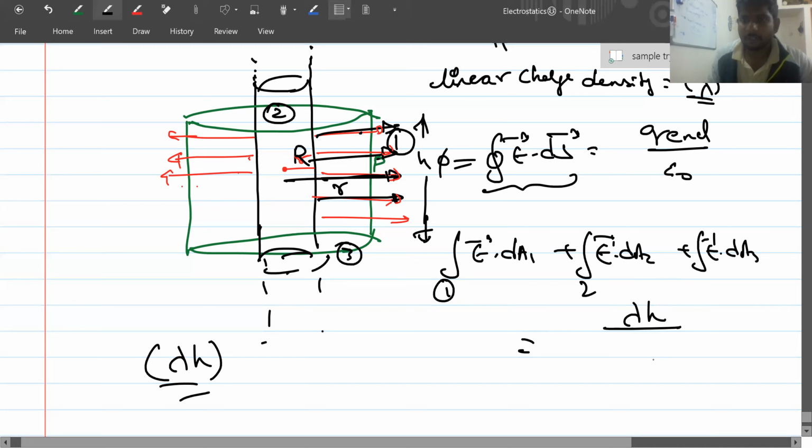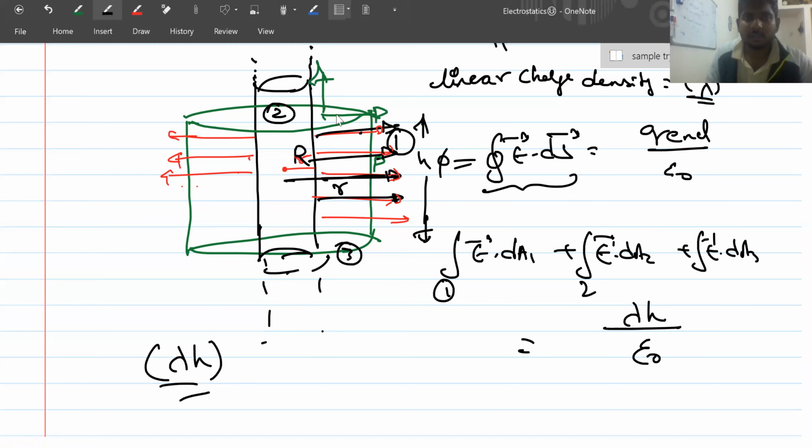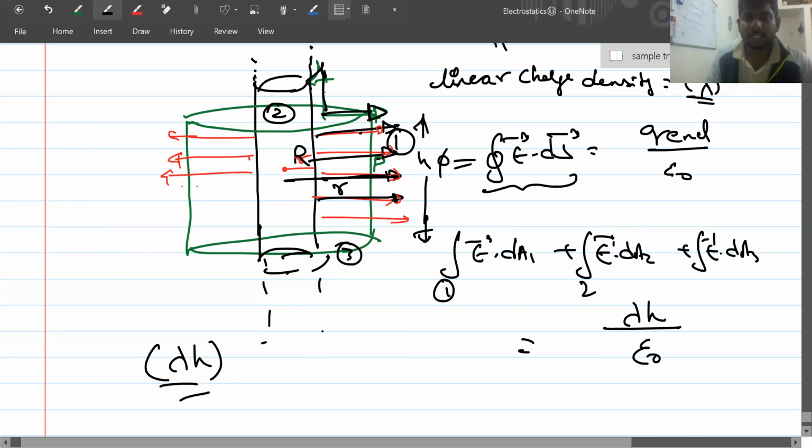For the first surface, the electric field lines and the area vector are parallel, so it is E into cos 0.